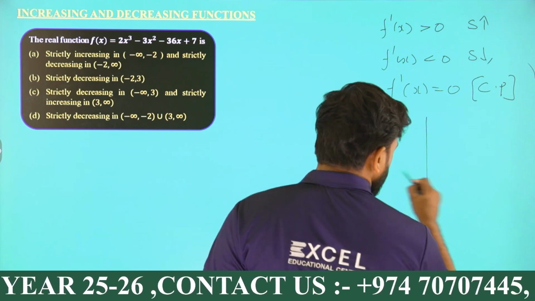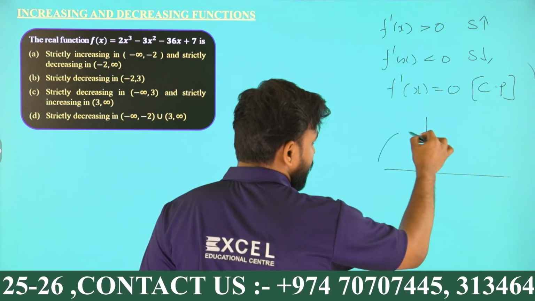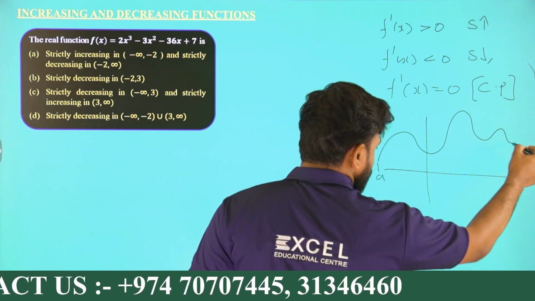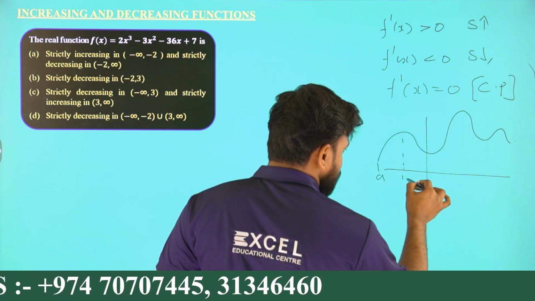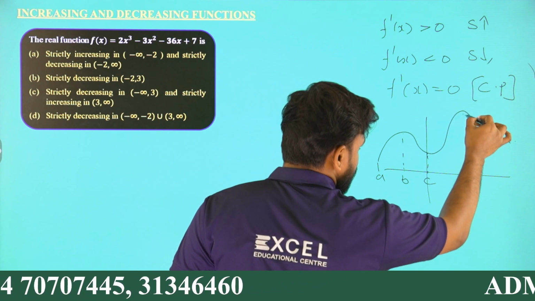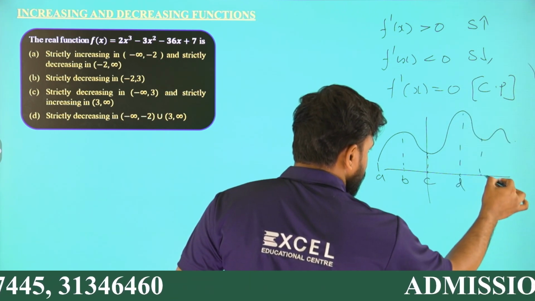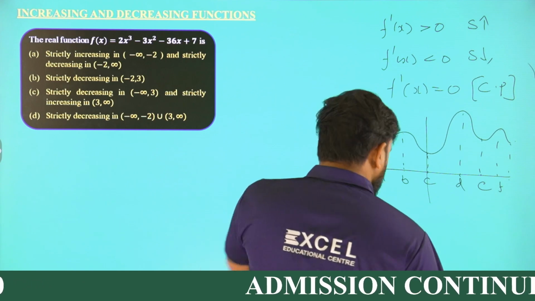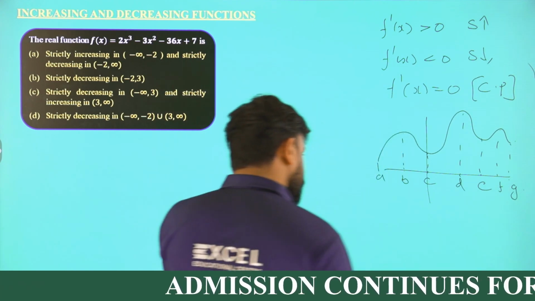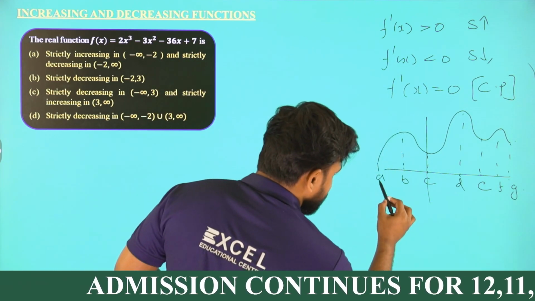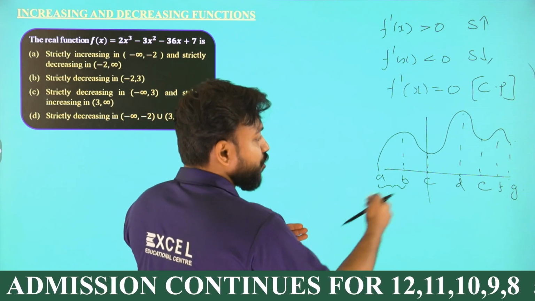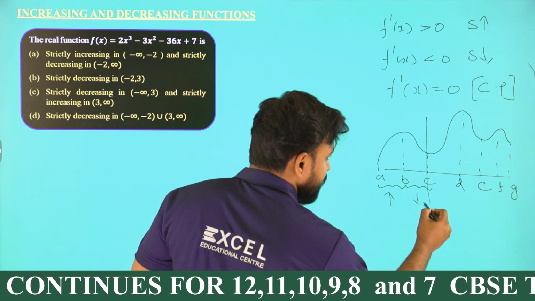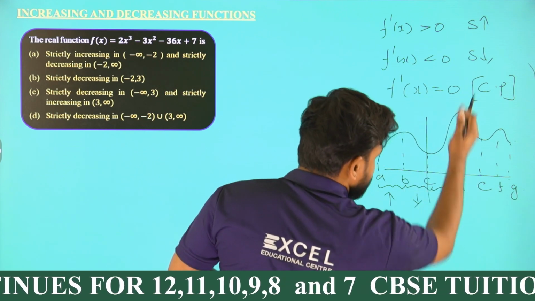What does that mean? Listen, if a function is like this, this is A, this is B, this is C, this is D, this is E, this is F, this is G. In the interval A to B, it's increasing. B to C, it's decreasing. C to D, it's increasing.